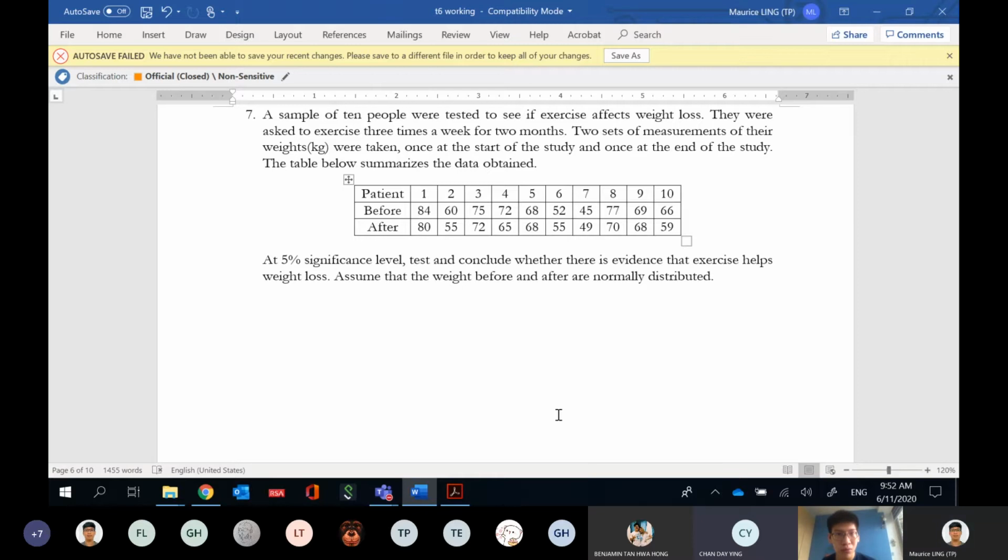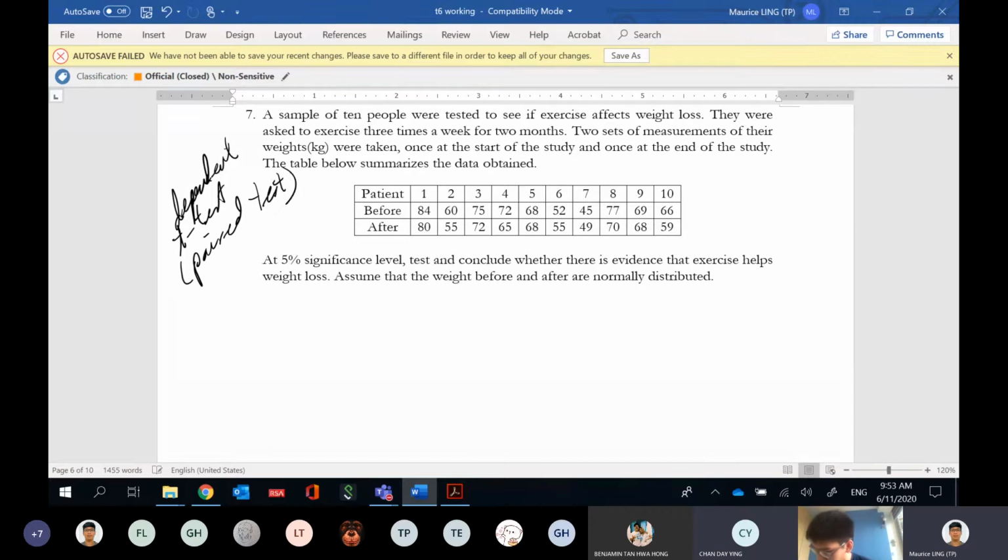Test for 2 means. Okay, are you going to use dependent t-test or independent t-test? Dependent. Okay, so you use dependent t-test, correct? Also known as your paired t-test, you're right.